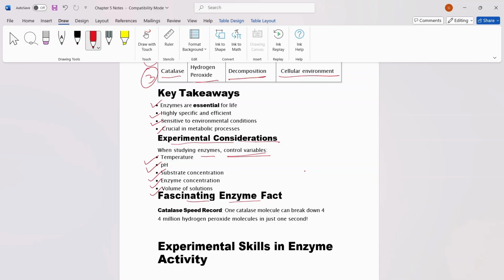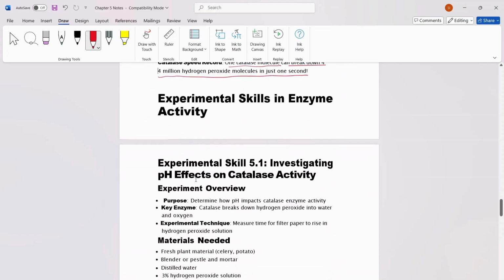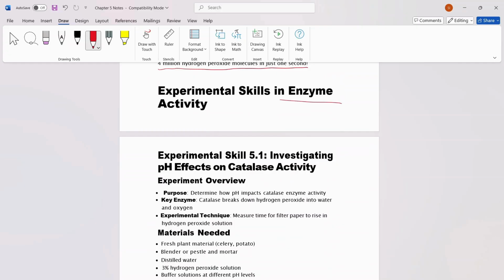Some fact about the enzyme is one catalase molecule can break down 4 million hydrogen peroxide molecules in just 1 second. I think it's 44 million. Alright, next is experimental skills in enzyme activity.